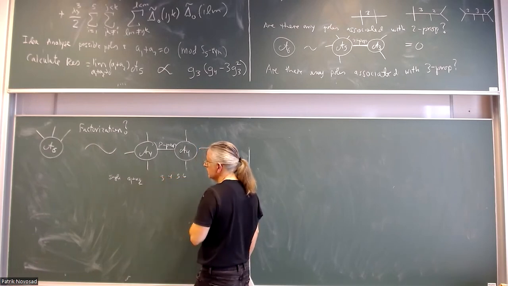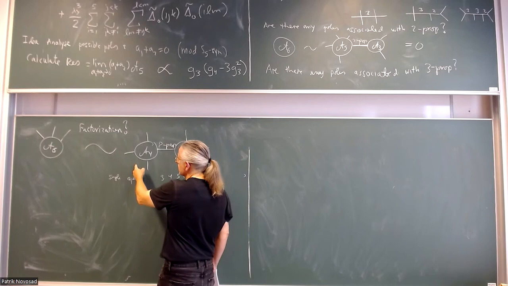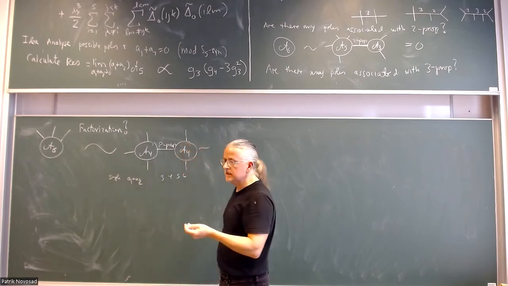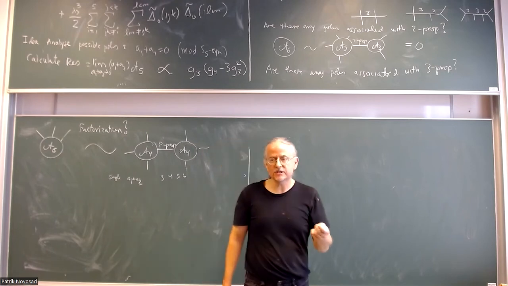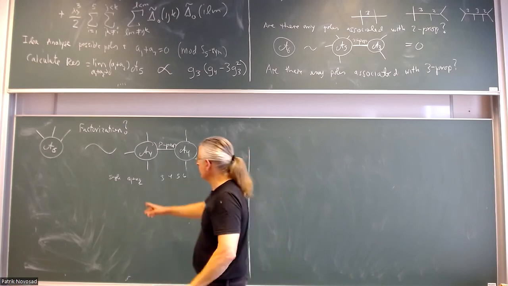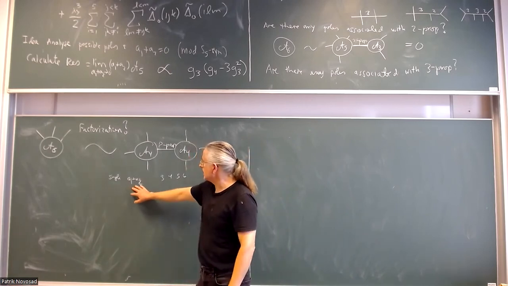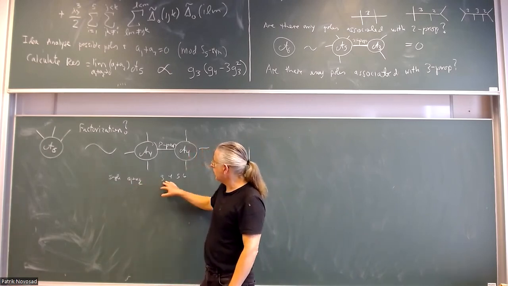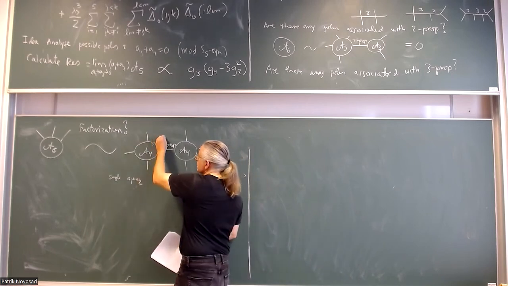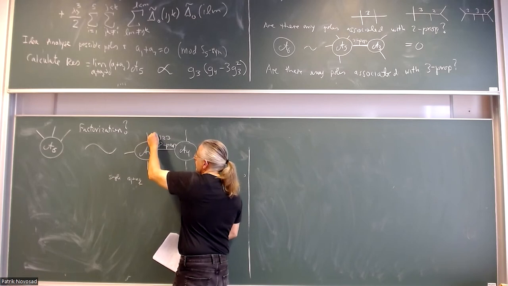So it turns out that the problem with factorization is there's not a single factorization channel. If this blows up, then there will be other propagators. For instance, if this is 1, 2, 3, this will blow up.